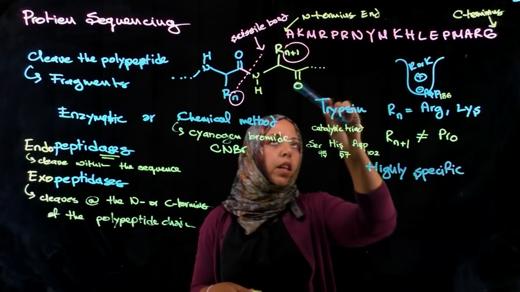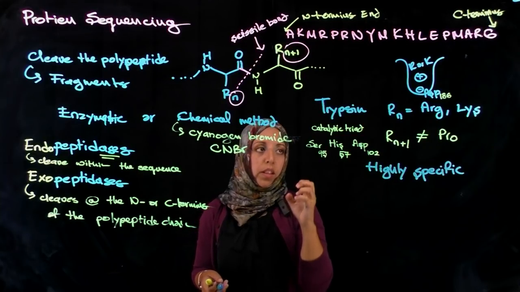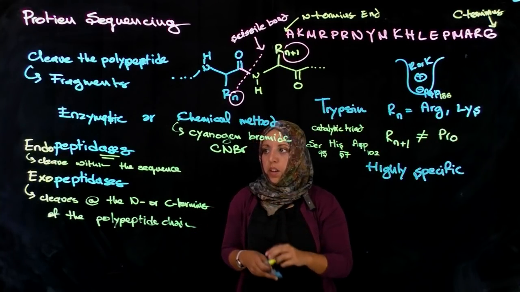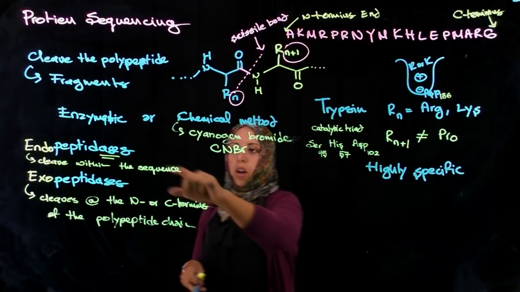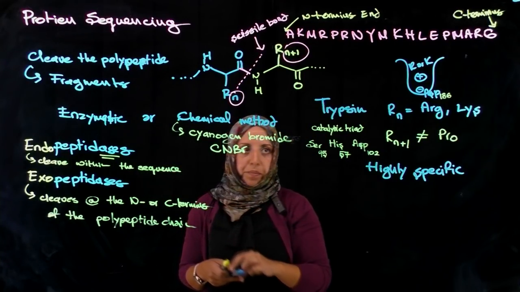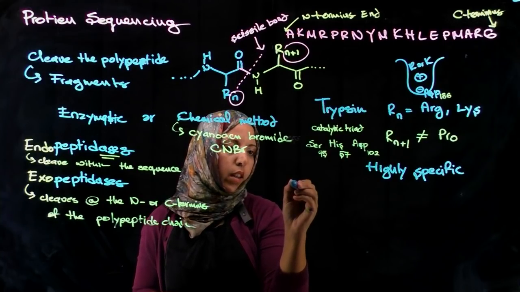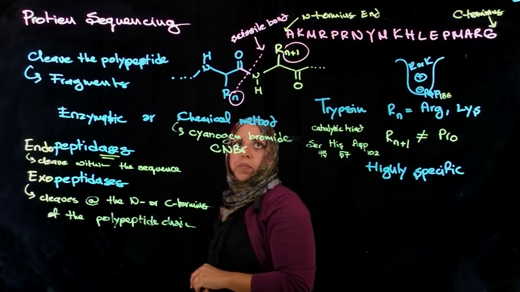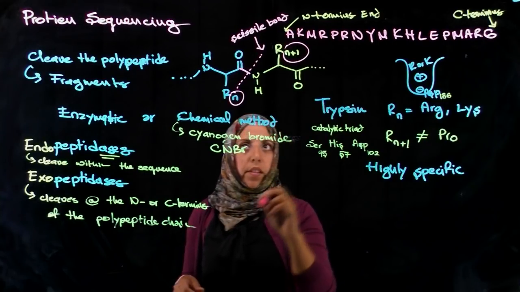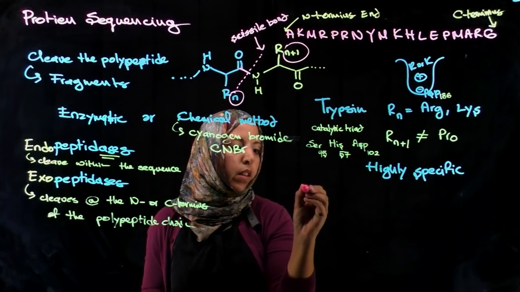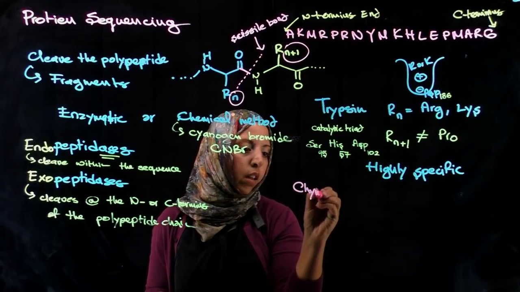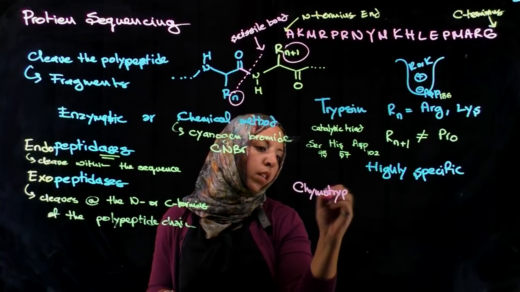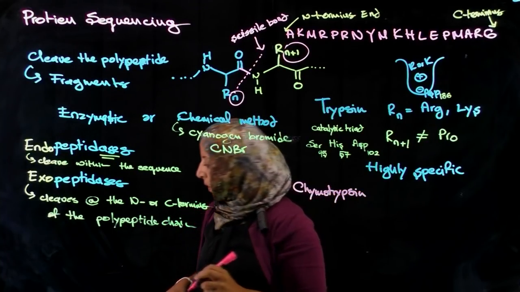So if we use it to cleave a peptide sequence, we know it will only cleave after arginine and lysine. All right, another example of an endopeptidase is chymotrypsin. I'm just going to use a different color. So chymotrypsin, right?